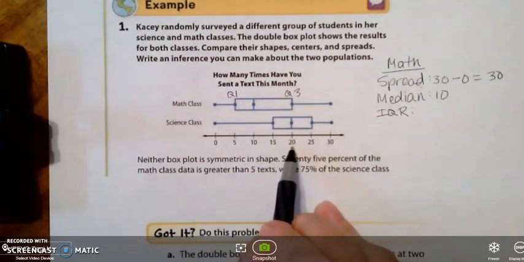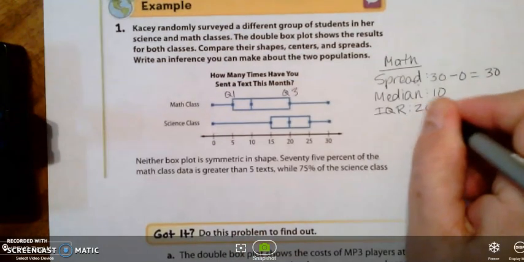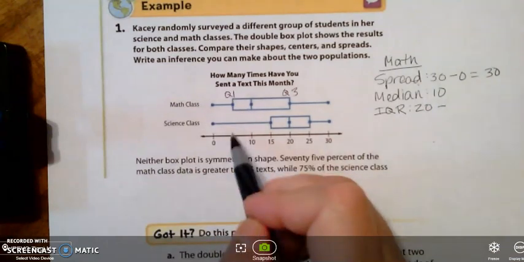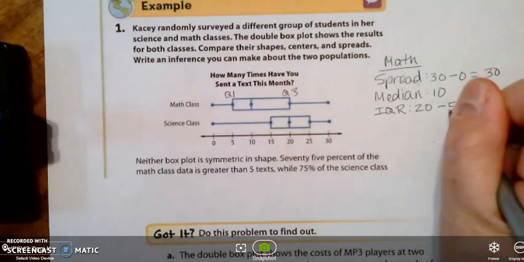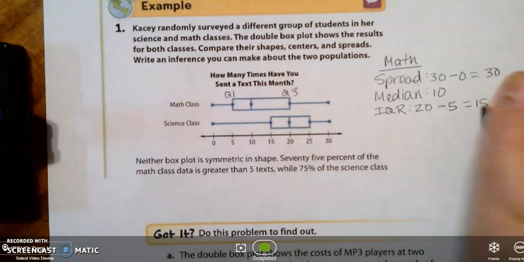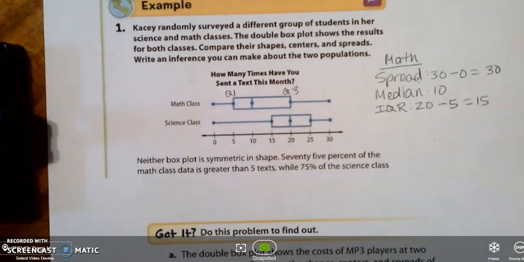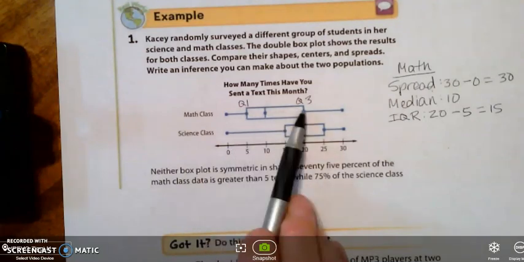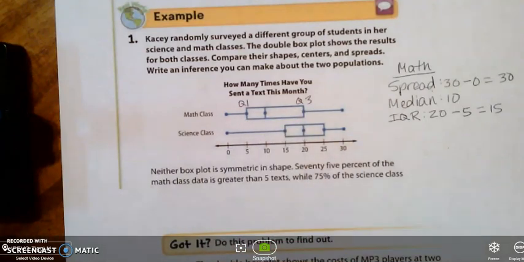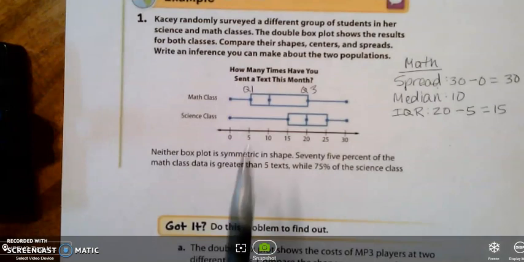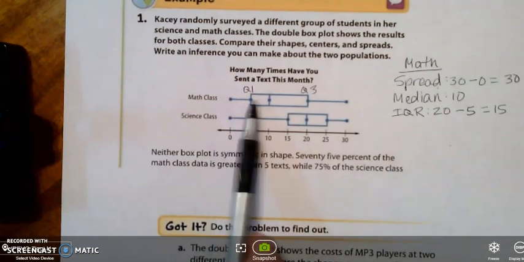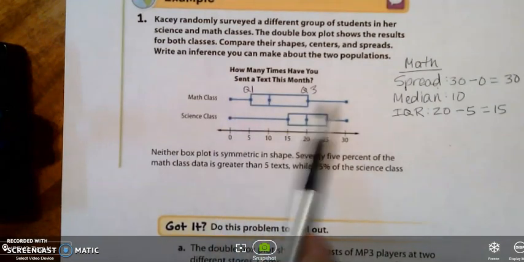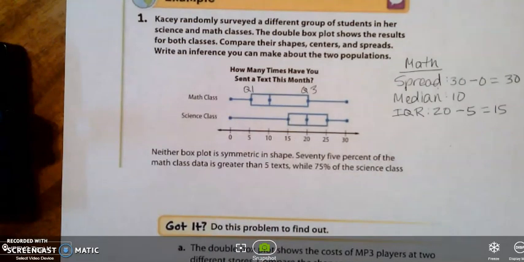Q3 is 20, take away Q1, which is 5, and we're getting a difference of 15. So this box represents 15 in there. One thing I did not mention is that each section represents 25% of the data. I meant to mention that earlier.